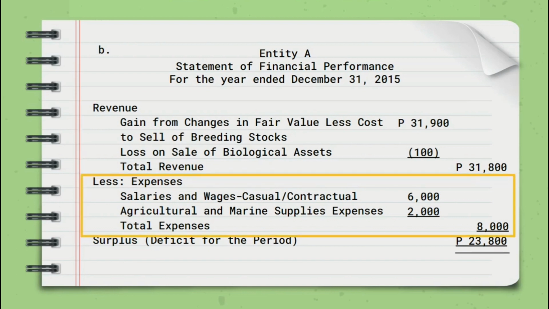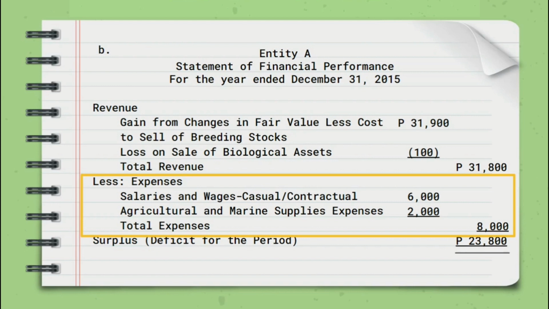For the expenses, we have here salaries and wages, both the casual and contractual labor, which is 6,000 pesos, and agricultural and marine supplies expenses, which is 2,000 pesos. So, we're going to add 6,000 pesos and 2,000 pesos, which will give us the amount of 8,000 pesos.